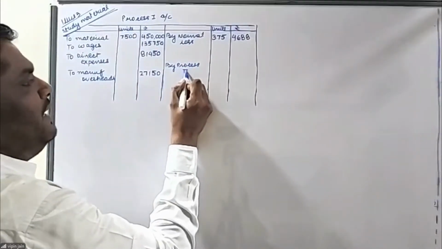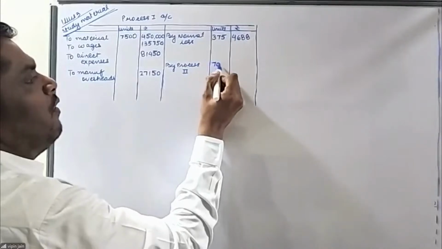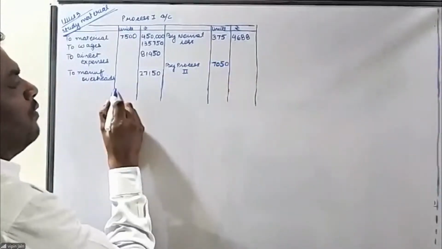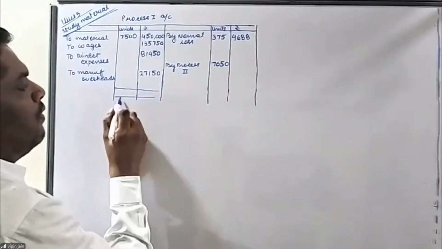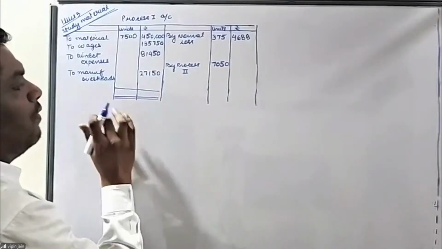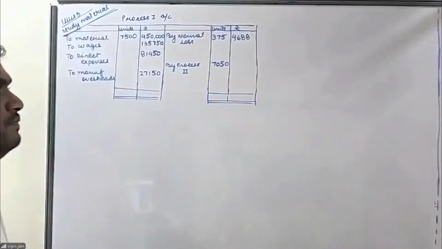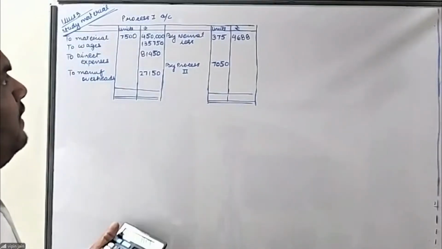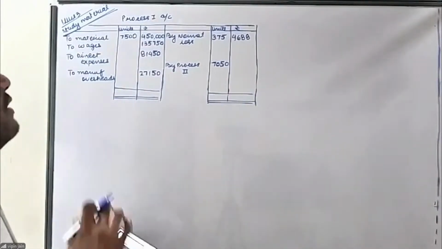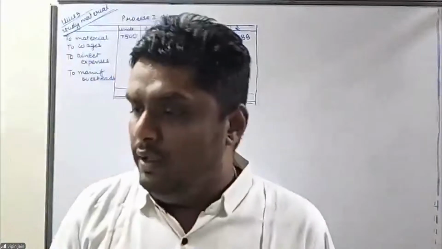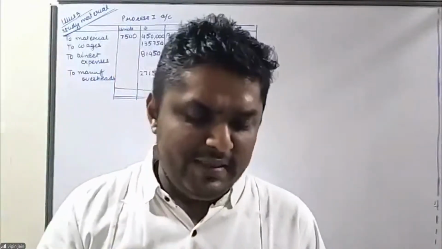By process second, 7,050. Now see, 7,500 was my input and my normal loss is 5% of input.